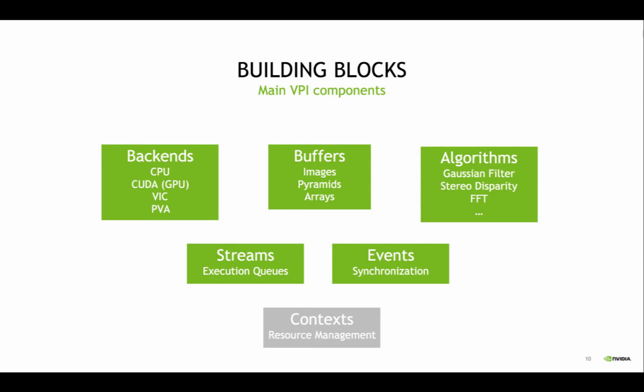There's this concept of a stream, which is basically an execution queue, so that algorithms can be executed in sequence. Finally, there are the events that are used for synchronization. So if you want different algorithms to execute in different engines in parallel, you can build more than one stream and synchronize them using events so that they all work towards the same goal.